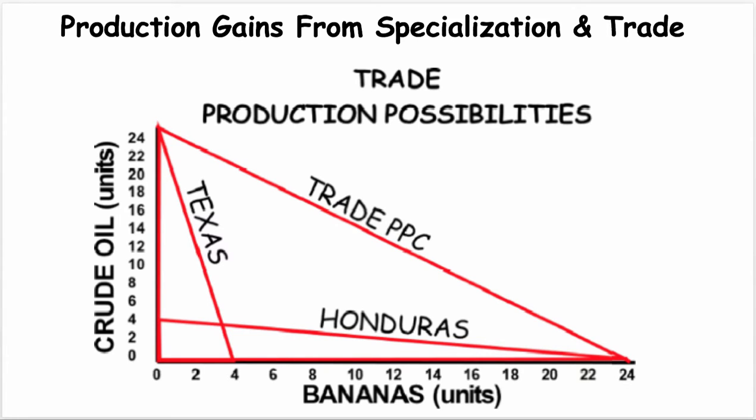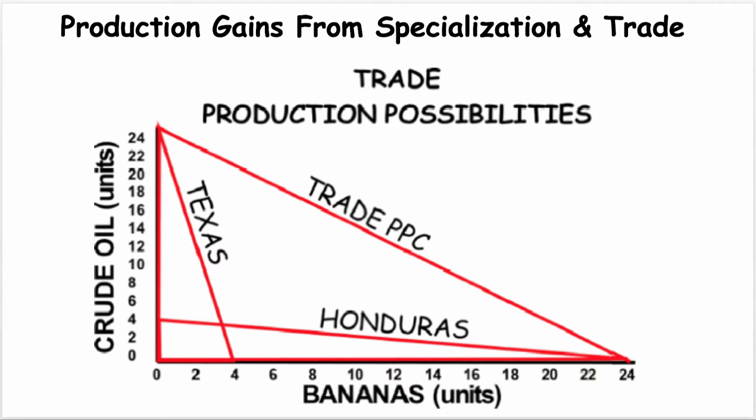Honduras will specialize in producing bananas and no oil. They will produce 24 units of bananas a day. Texas workers will specialize in producing oil but no bananas. They will produce 24 units of oil per day.